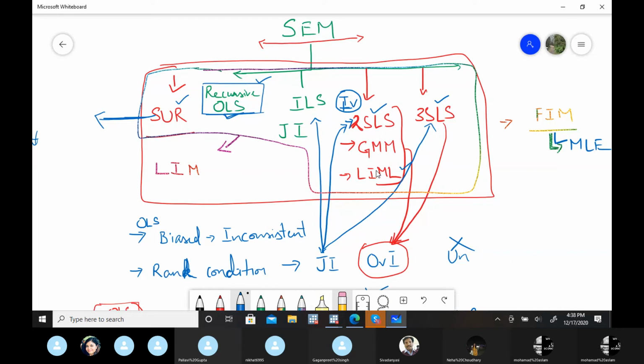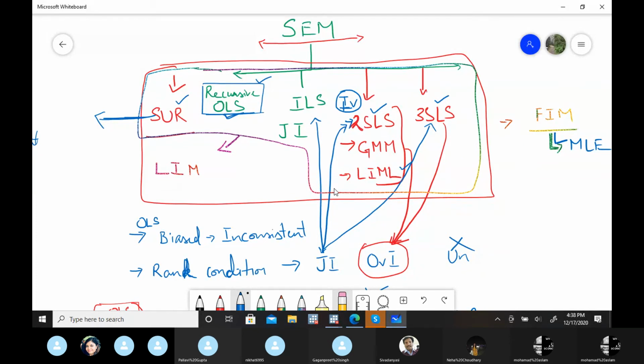Otherwise, before 2SLS, the LIML method is the popular method in instrumental variable cases. It's not the 2SLS method, but this LIML method that is the most popular. But after that, 2SLS is also easy to interpret and easy to implement, and it's just an improvement on the simple OLS method. Mostly people use this 2SLS method. Now I hope you have some idea about all these simultaneous equation models: seemingly unrelated regressions, recursive models, ILS models, 2SLS, LIML.